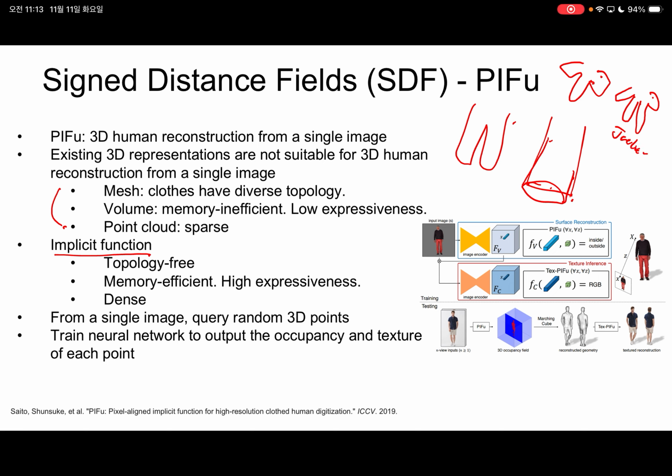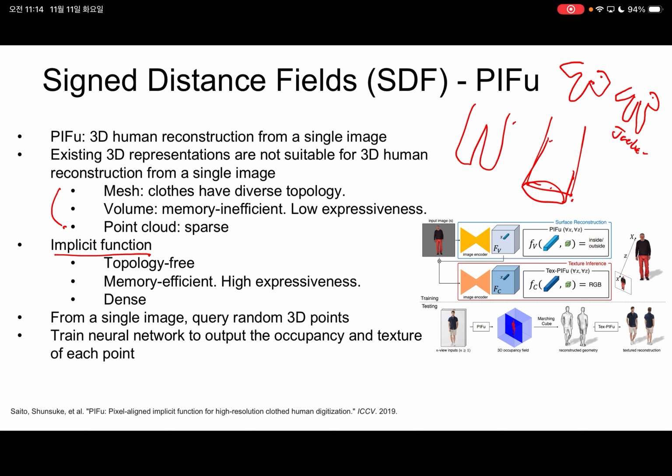We can open this one, right? So there can be many topologies in clothing, but a neural network assumes the output dimension is fixed, right? The number of vertices and triangle combinations could depend on cloth types. So unfortunately, mesh is not a good representation for humans. A naked body is fine, but for clothes there are too many combinations, so mesh is not good.